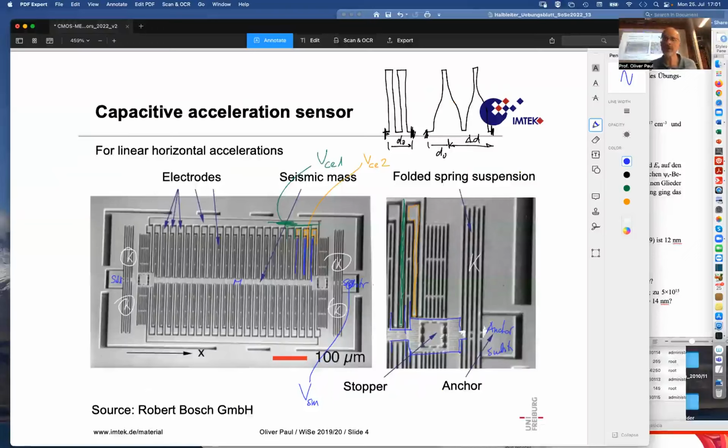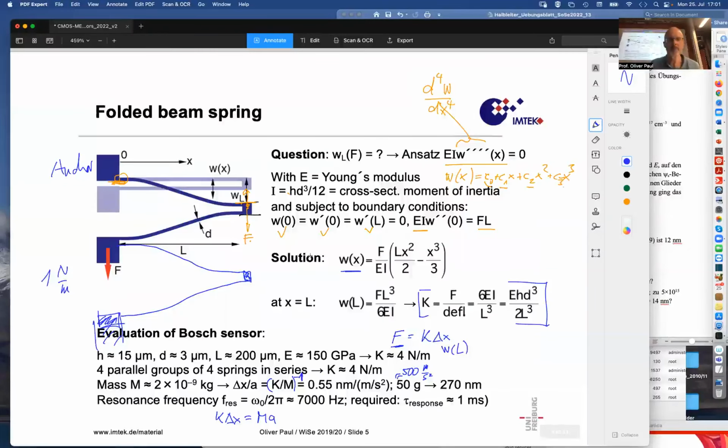So it may easily survive 50 G, and those electrodes will then deflect by 270 nanometers to one side, all in parallel, getting closer to one counter electrode by 270 nanometers, and then farther away from the other side by 270 nanometers as well.